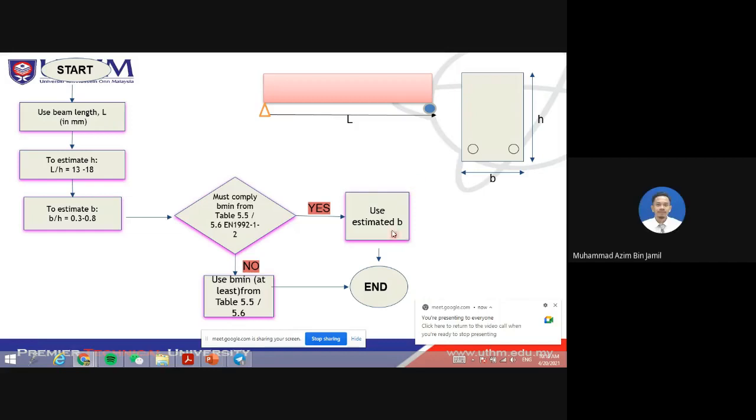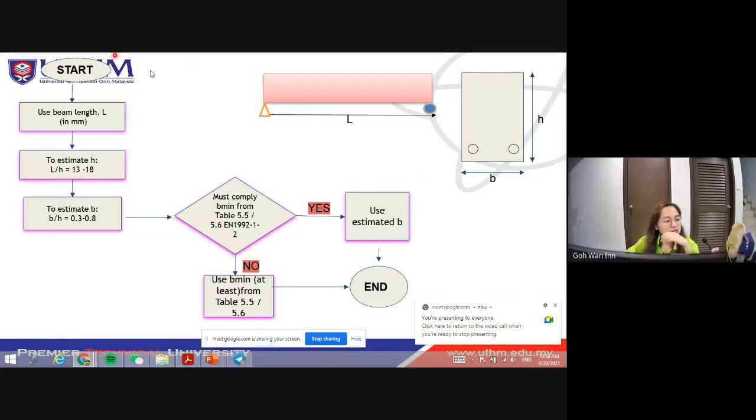Yes. Okay, so first you get the beam size. The span is 5 meters, for example. So you need to design the B and the H. For your project, you need to do it also; you need to estimate all your own beam sizes. So use the beam length in millimeters, and then estimate the H. For L over H, normally we use between 13 to 18.